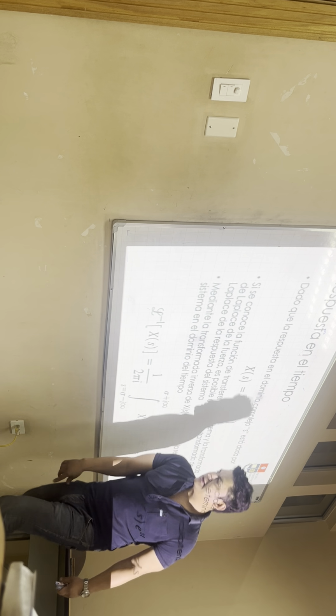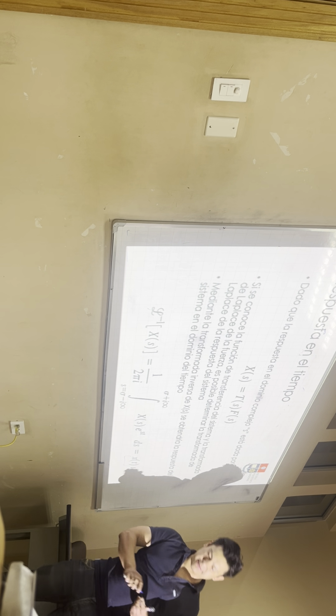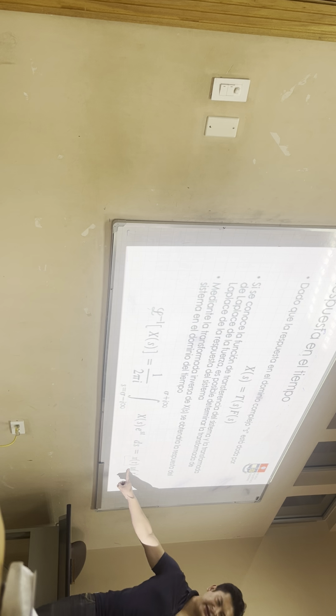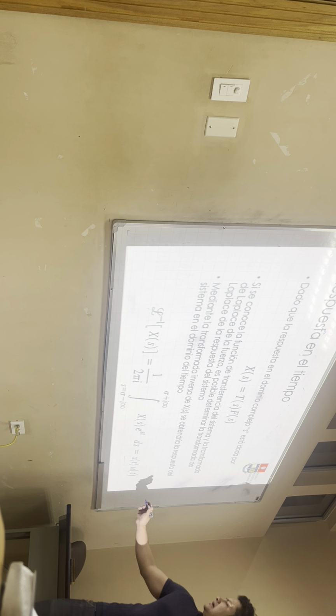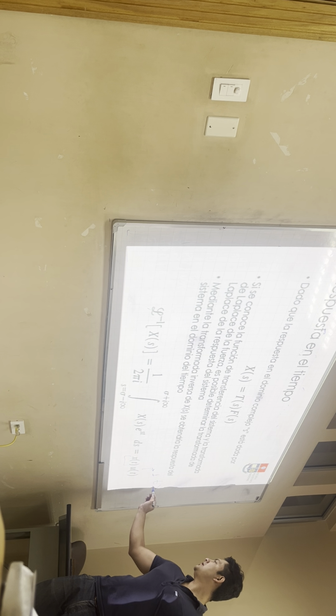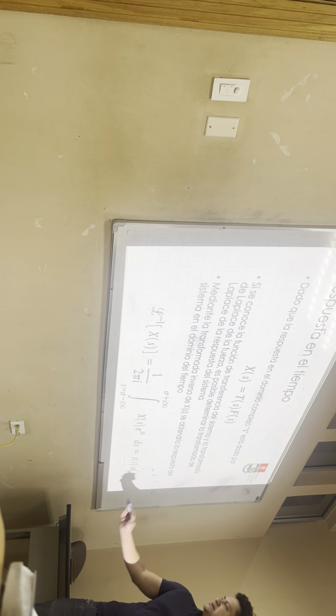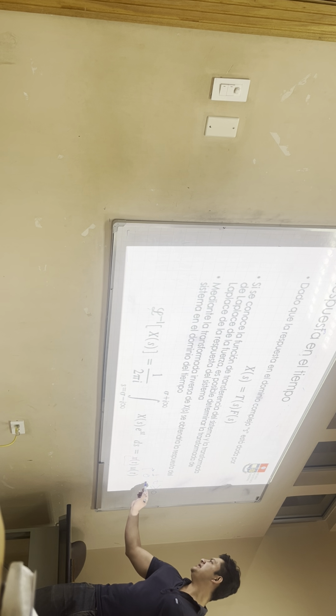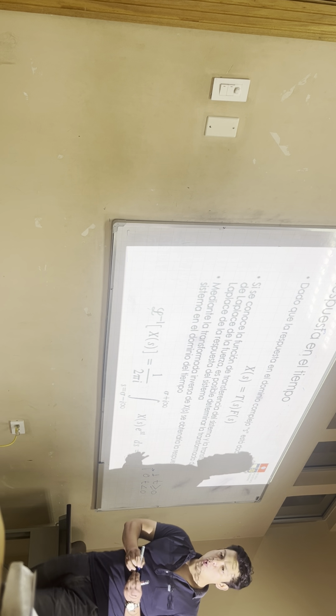Given this, as I mentioned, you just apply the inverse Laplace transform, and then you recover the output. The output is given in time. Notice that I have put here u(t). u(t) is a step function that says this is going to be equal to 1 for t larger or equal to 0, and this is going to be 0 for t lower than 0.